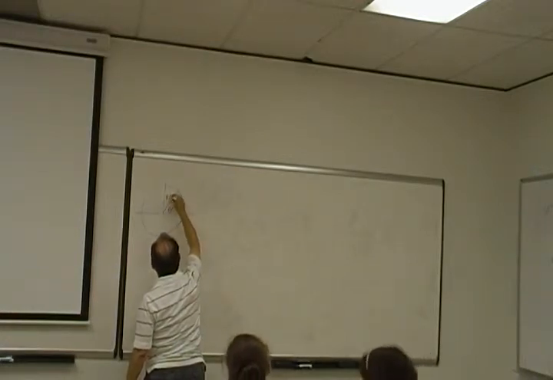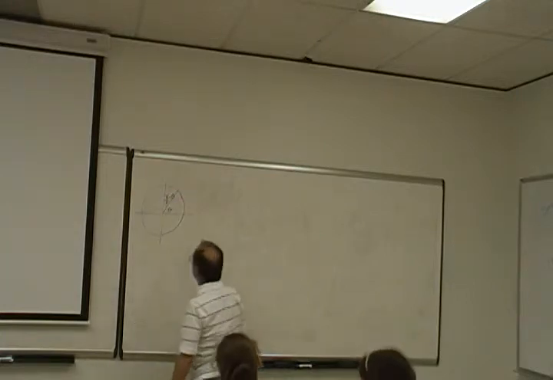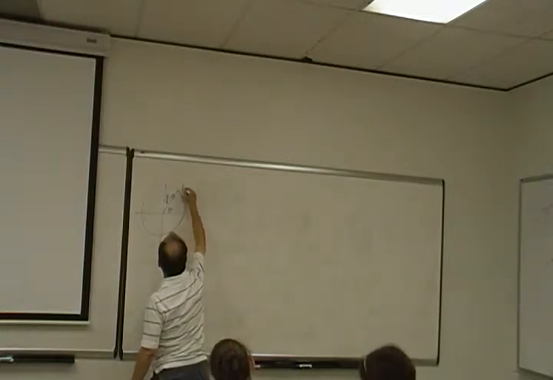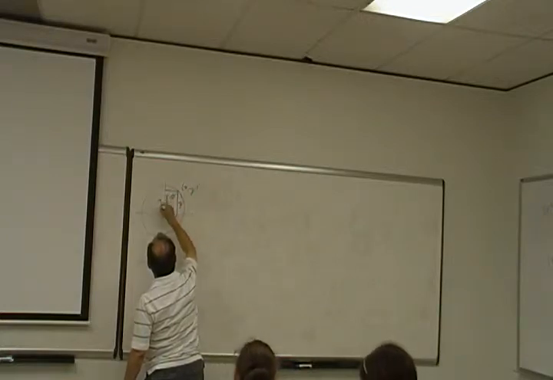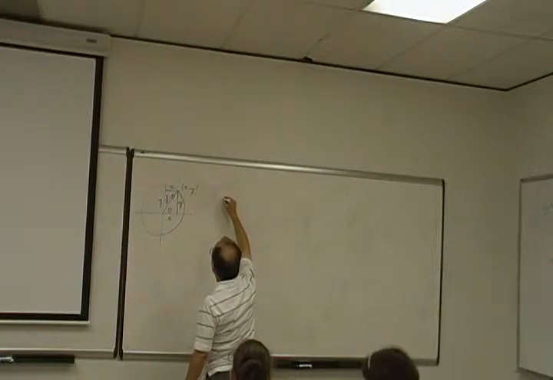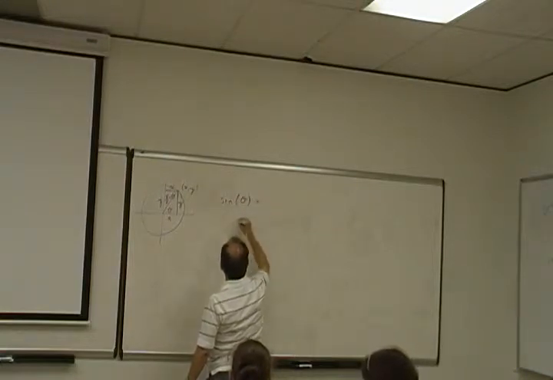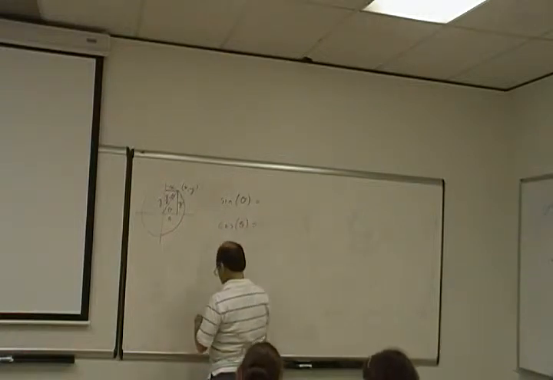Here's the angle pi minus theta, and pi over 2 minus theta. And here are the coordinates x and y. So here is x, here is y, here is y, here is x. We have sine of theta is equal to something, cosine of theta is equal to something.